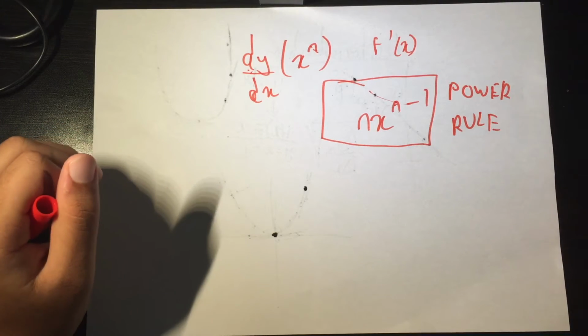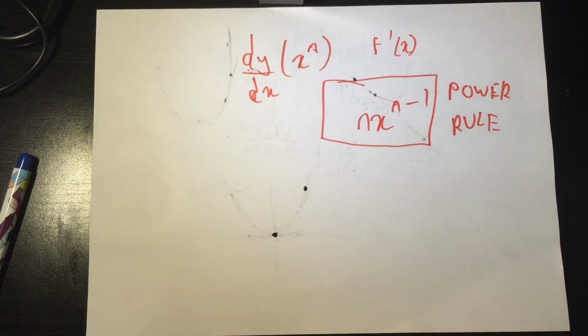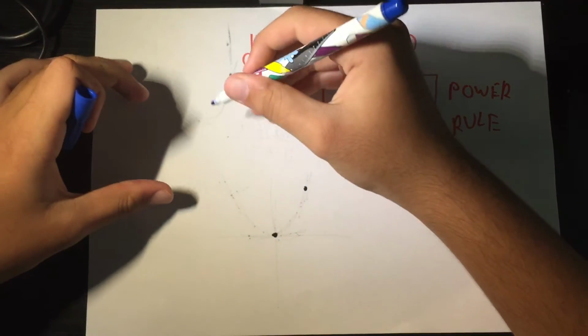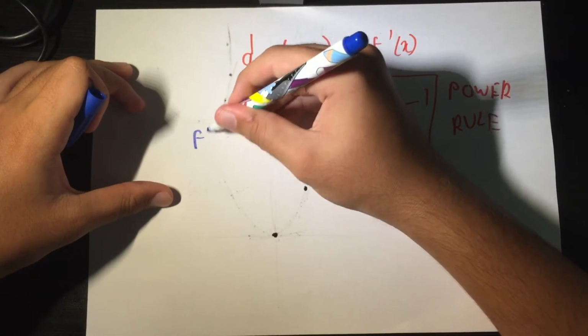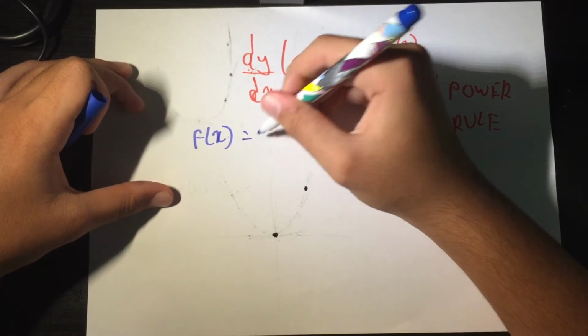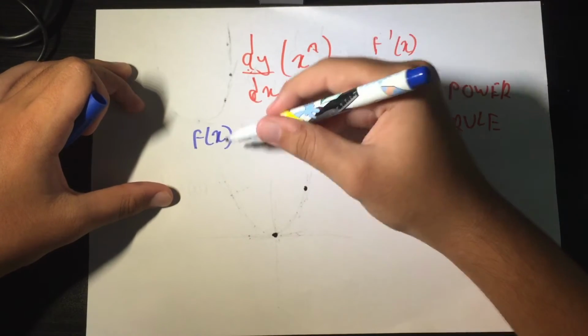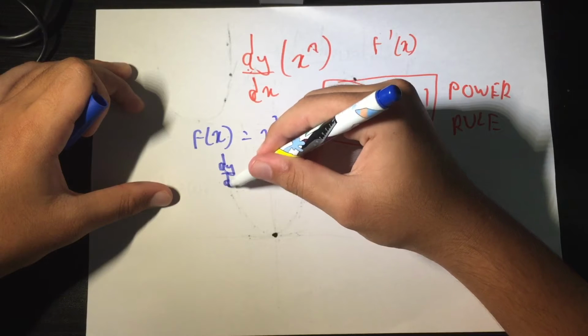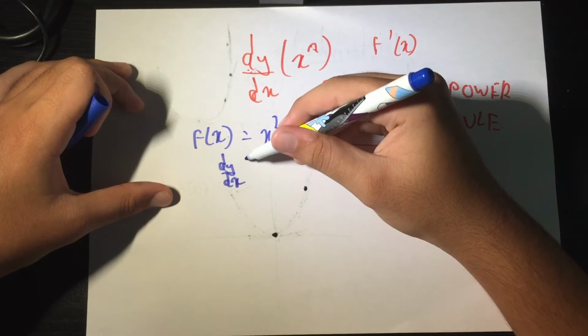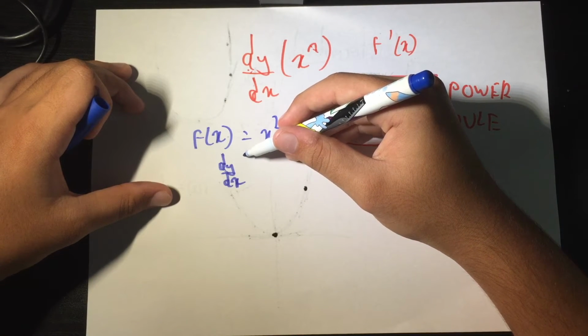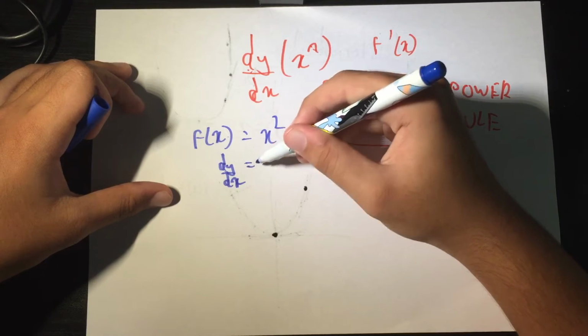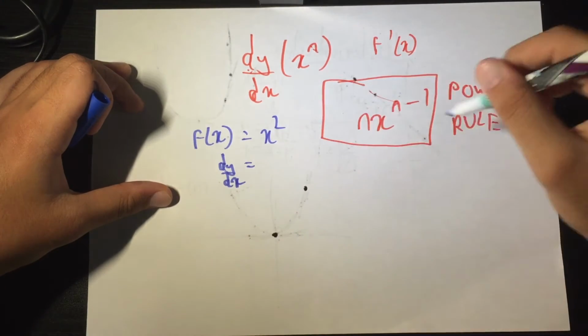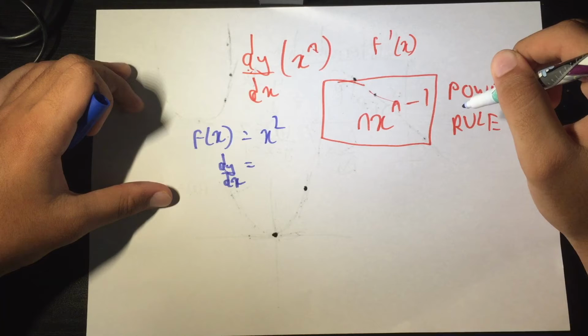So let's differentiate x squared through the power rule. So f of x is equal to x squared. So dy over dx, the derivative, so differentiating the function, is nx to the power of n minus 1.